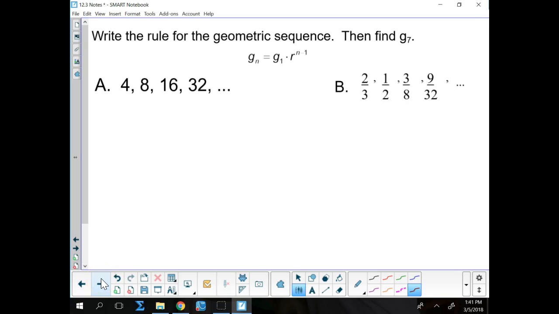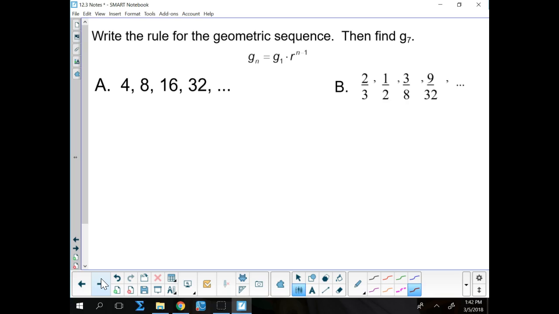So it says write the rule for the geometric sequence, then find g sub 7. Okay? Well, I need the first term, which, given the list, that's easy to find because it's the first number, the first one in the list. Okay? I need the common ratio. Do I know the common ratio?